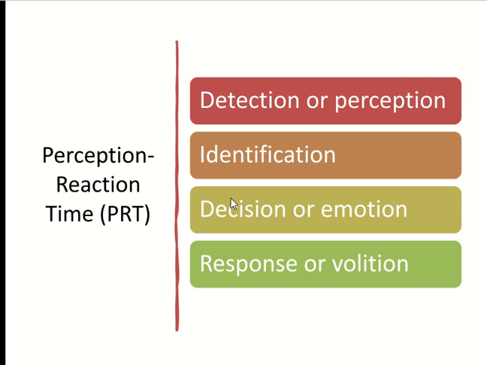You look at something. That looking is called detection or perception. I looked at something: any object, any person, any vehicle, anything. Then the next step is I will see what situation I am in. What is my condition? What is the condition of the object which I looked at?